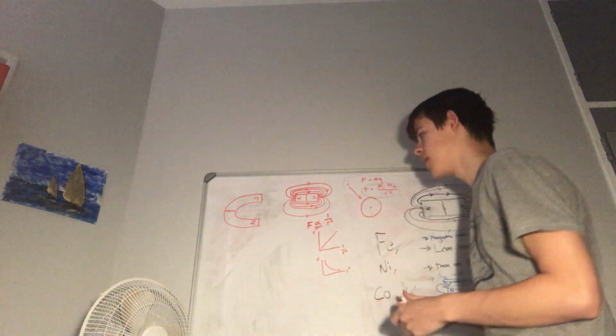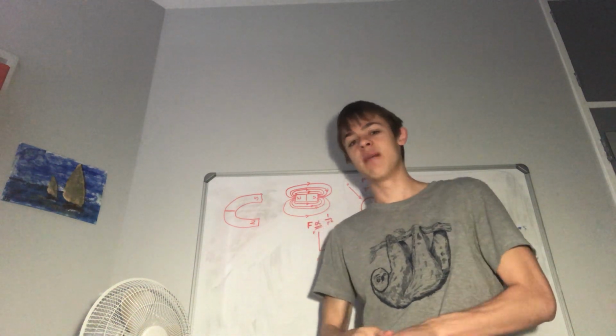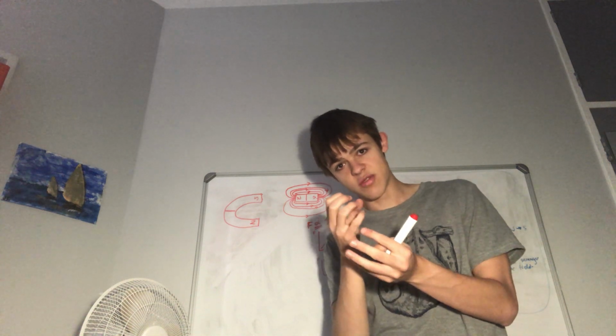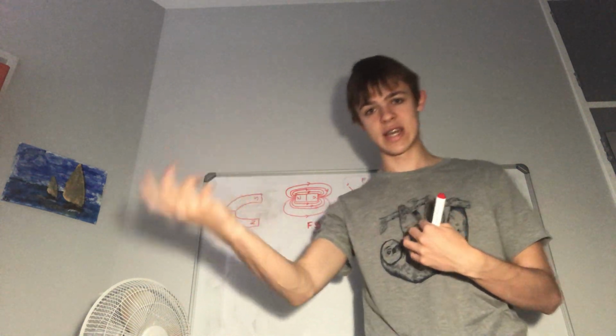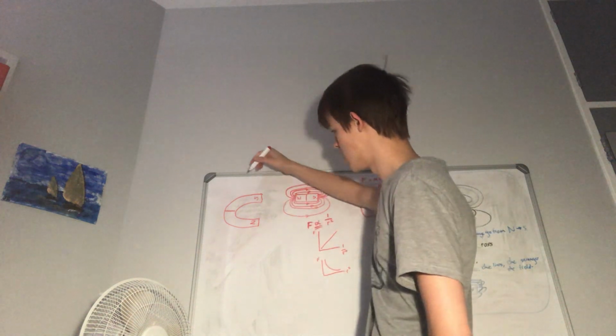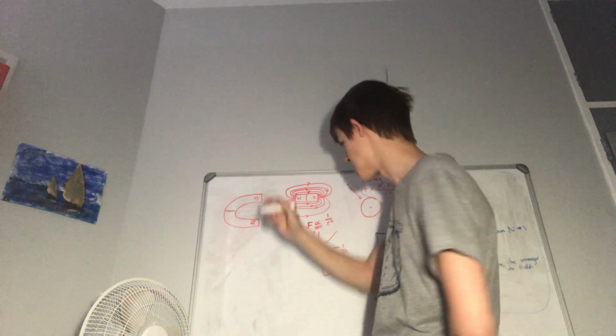Okay, now what happens? The basic principles all stay the same. My magnetic field moves from the north pole towards the south pole. So I'm just going to start drawing lines, starting from the north pole, working towards the south pole.